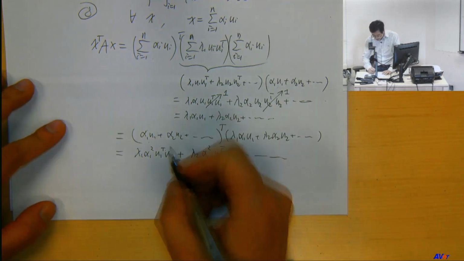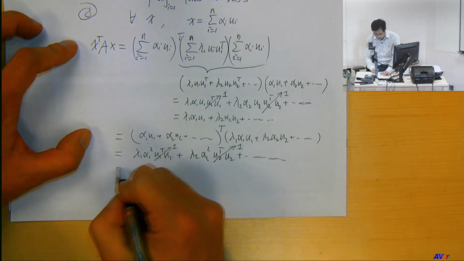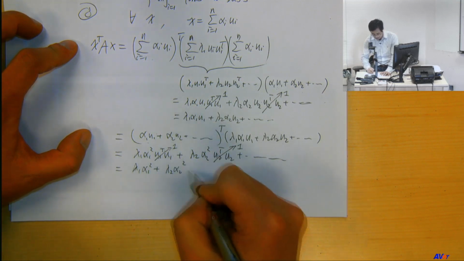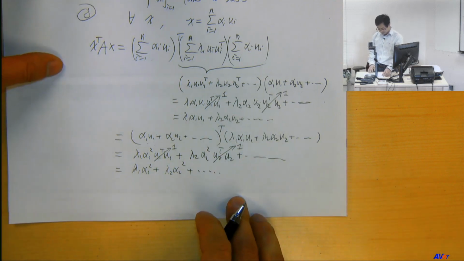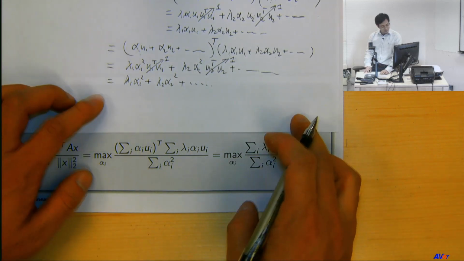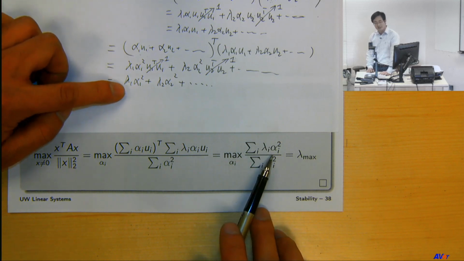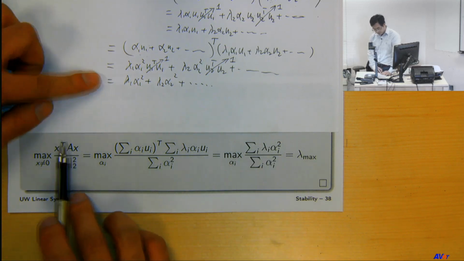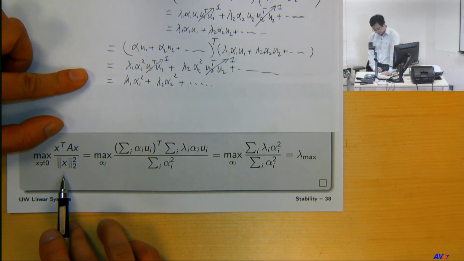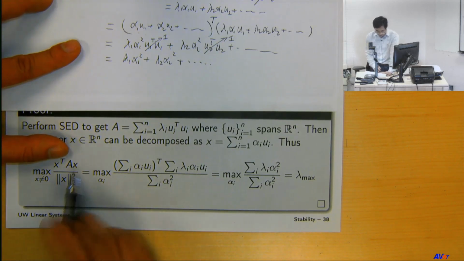So again, using the property that these are normalized to unit norm, the result is going to be alpha 1 squared times lambda 1, alpha 2 squared times lambda 2, etc. So you can write it if you want: this is the summation of lambda i times alpha i squared for the top term. For the bottom term, it's a similar computation.